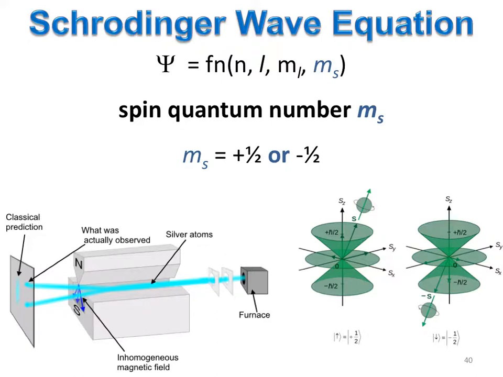Because of the magnetic fields that these create, electrons can be paired in an orbital, having the same principal quantum number, angular momentum quantum number, and magnetic quantum number. But they have to have different spin quantum numbers so that they can be magnetically coupled in the orbital.